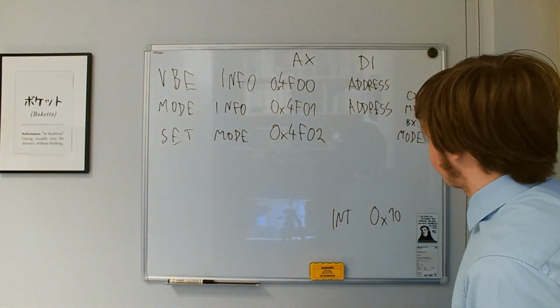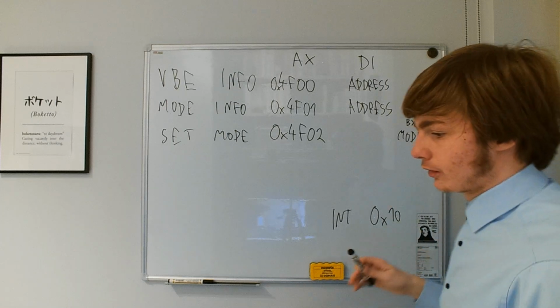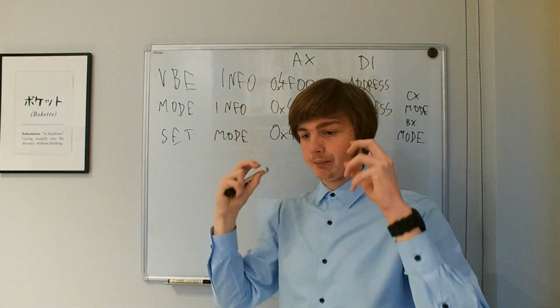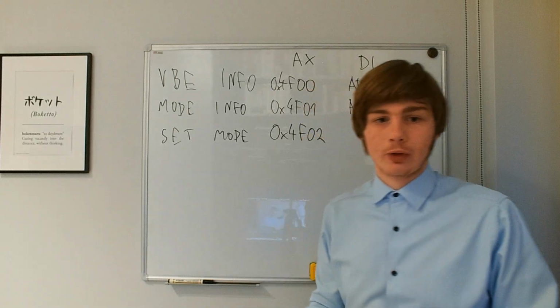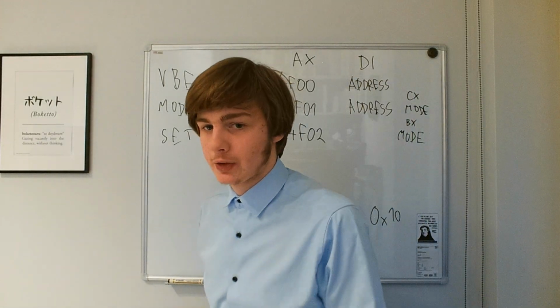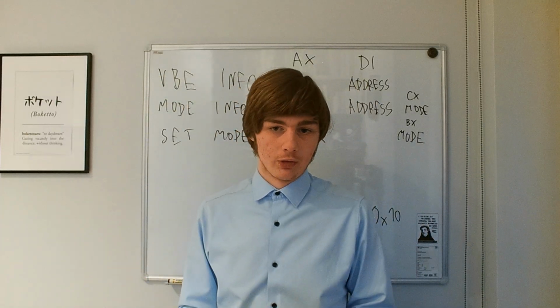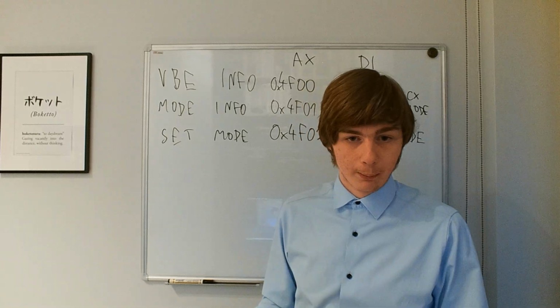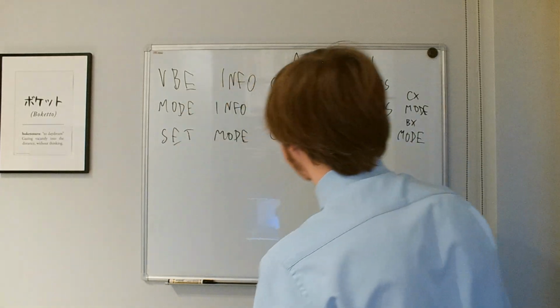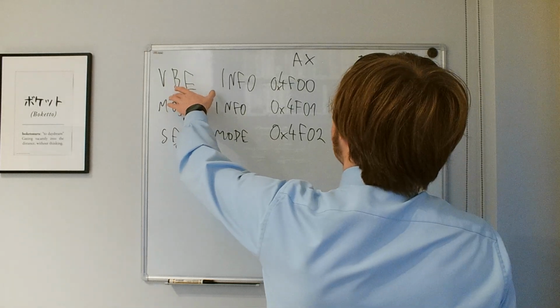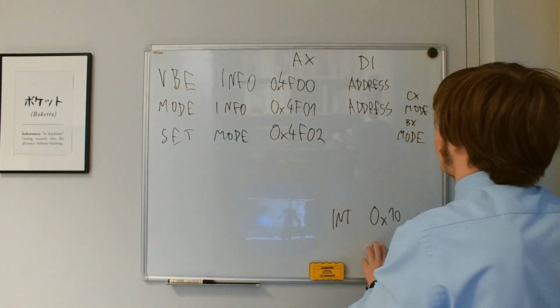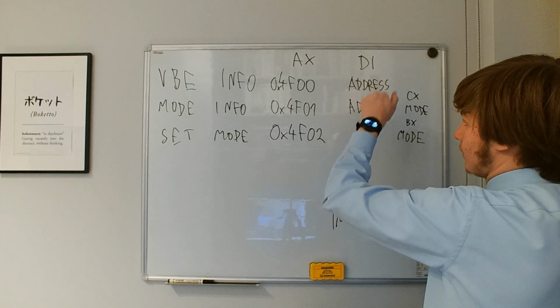You only have to give addresses to those structures where you're going to store all the different parameters, and those are easily found in the official VBE manual. So set this, call this, and you'll get at this address a bunch of info.